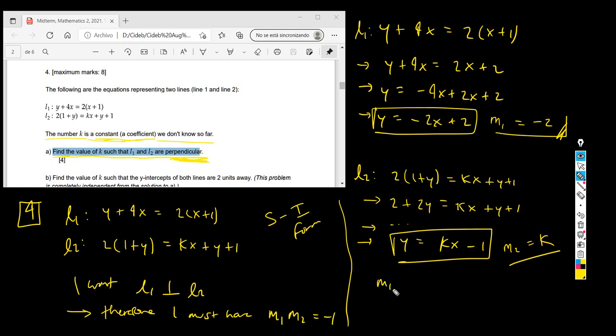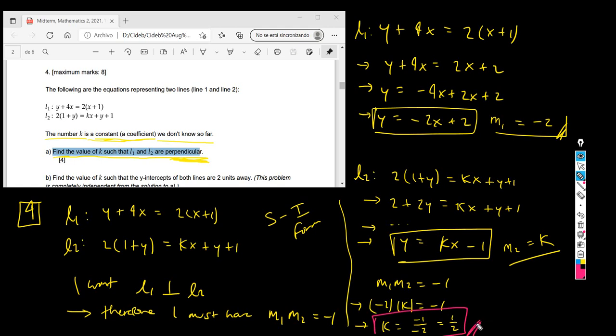The multiplication of m1 and m2 being equal to -1. m1 is -2, m2 is k, that's equal to -1. And therefore, when I isolate k, I have -1 over -2, which is 1/2.